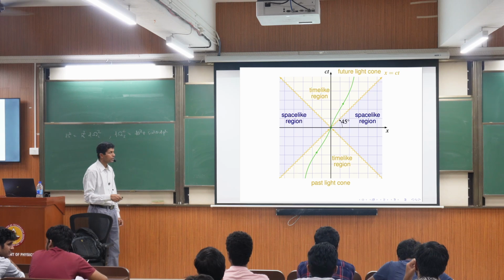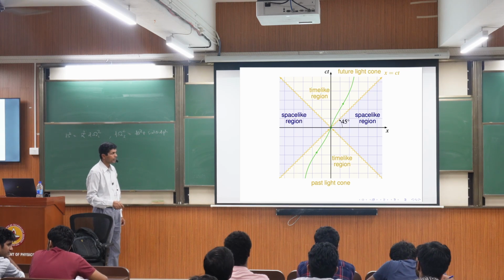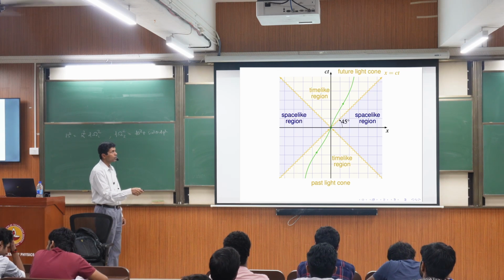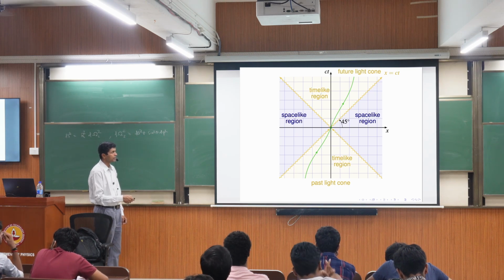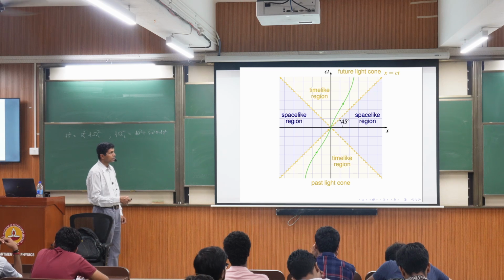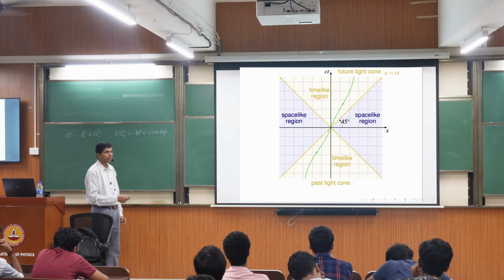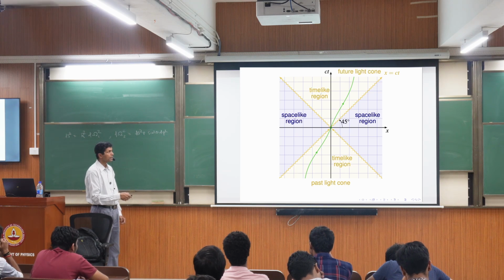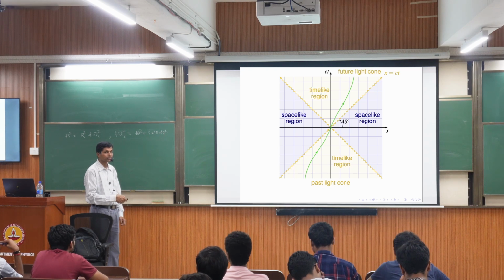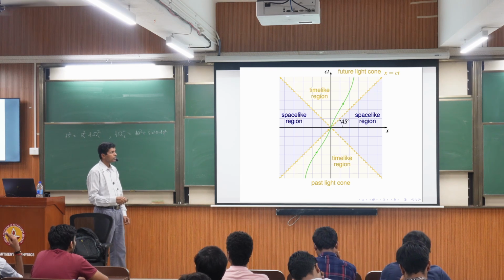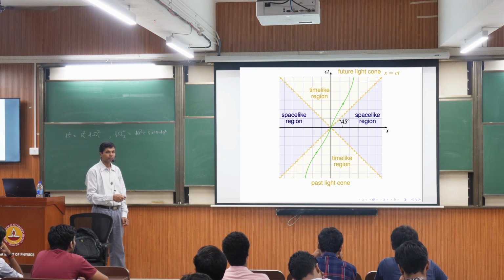Now, if you consider the propagation of a particle, this is basically the world line of a particle. A particle can travel like this. What is important to remember is that if you consider the slope of this trajectory, the world line, at any given time, it should always be greater than 1, because the velocity of a particle must always be less than the velocity of light.